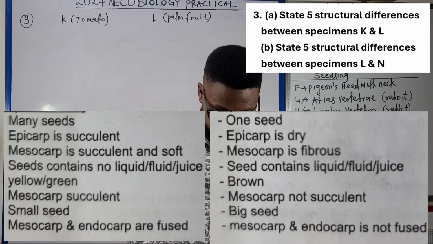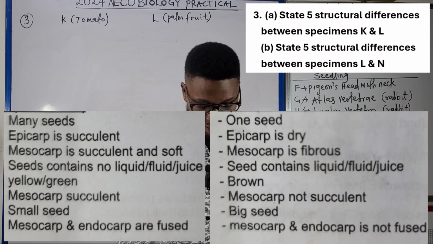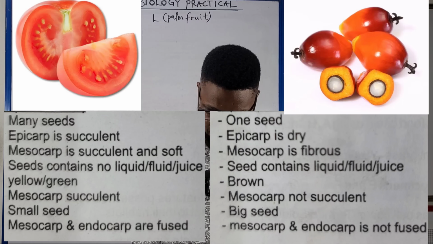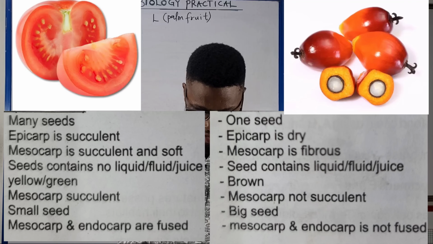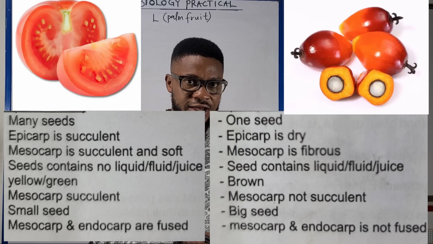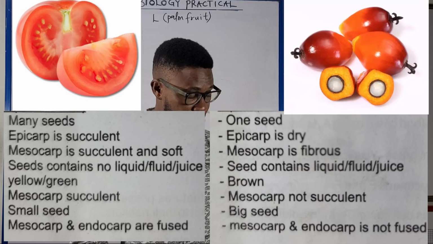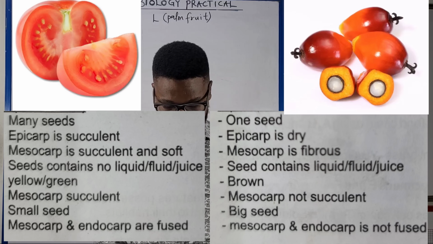It has many seeds, but for your palm fruits on the inside, it is having only one seed. Now the epicarp here is succulent. It's juicy, but in the palm fruits, the epicarp is dry.